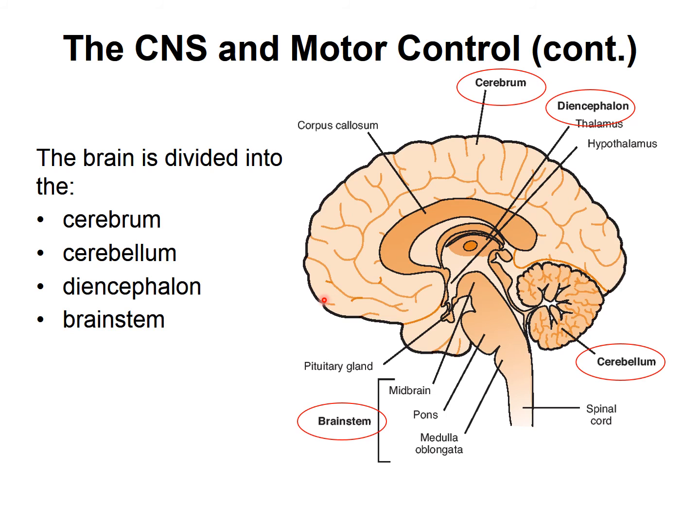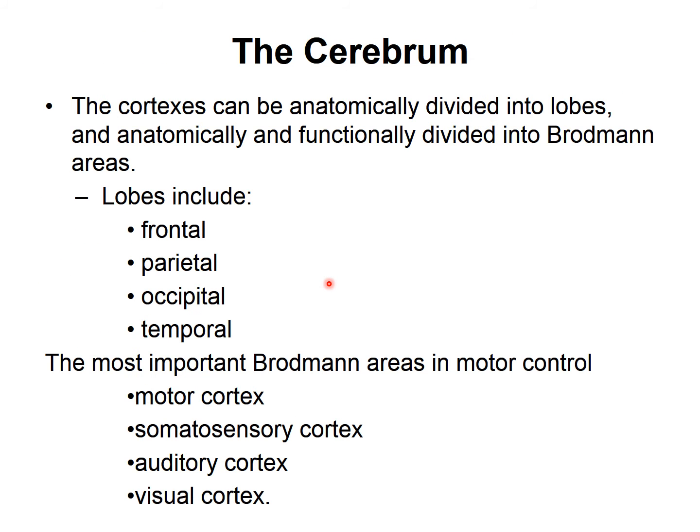The cortex stores learned experiences and receives sensory inputs. Most of you will be familiar with the categories we've seen circled here in the different parts of the brain, and those are the ones that we're going to concentrate on today: the cerebrum, the cerebellum, the diencephalon, and the brainstem. The cortexes can be anatomically divided into different lobes, which you will recall from your anatomy class.